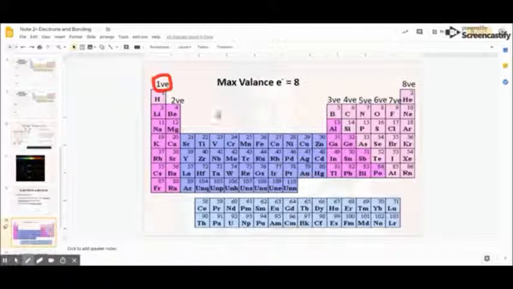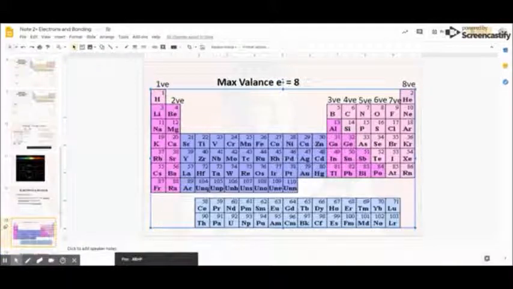Don't worry about the transition metals. We're going to kind of ignore them. They don't really behave. The maximum number of valence electrons that something can have is 8. And remember, this relates back to our octet rule. Stable things have 8 electrons. So these valence electrons are what are involved in a chemical bond.